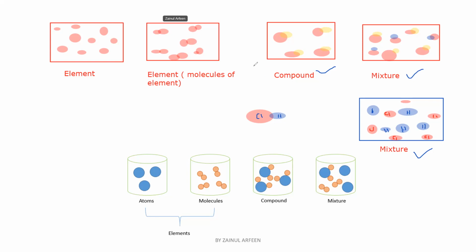How can you identify if they're overlapping? For example, if one molecule is chemically combined with another, it means they are joined together. It means it's a compound. But if they are not chemically combined together, then they are separated from each other. There will be a gap between them. So if they are chemically combined, this is a chemical combination.